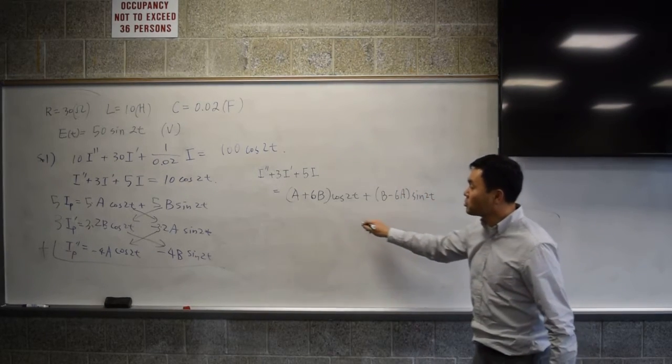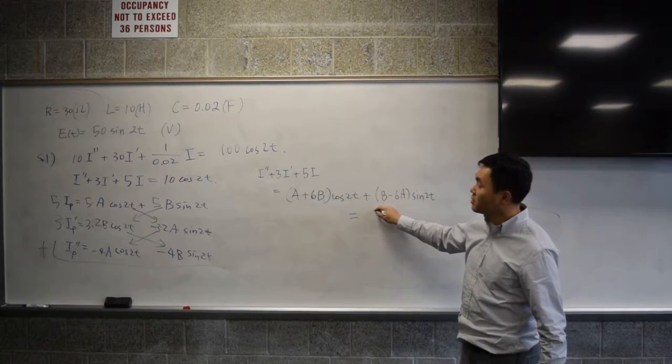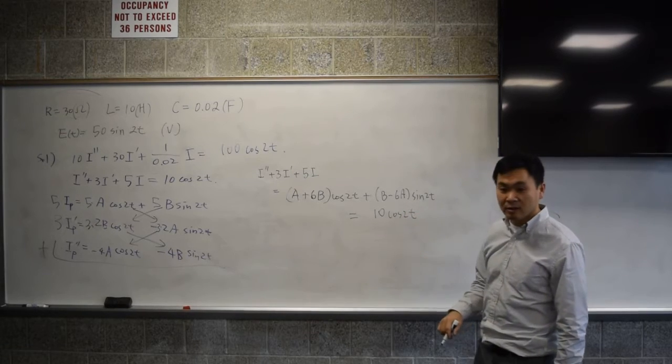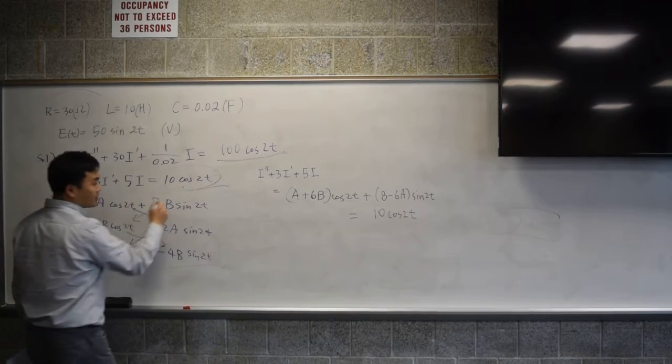And that has to equal to what? 10 cosine 2t, right? This has to equal to this right side here.